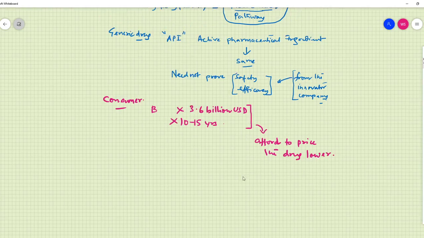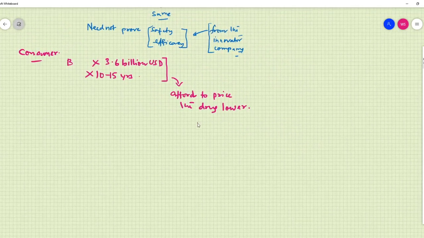Okay. So the lowering of the price does not imply reduction in quality. Okay, because the quality is assessed by the FDA. They cannot compromise on the API. The API should be absolutely the same. What will be different is maybe the excipients. So what are excipients? Excipients are things which are not API but are required for formulating. Okay.